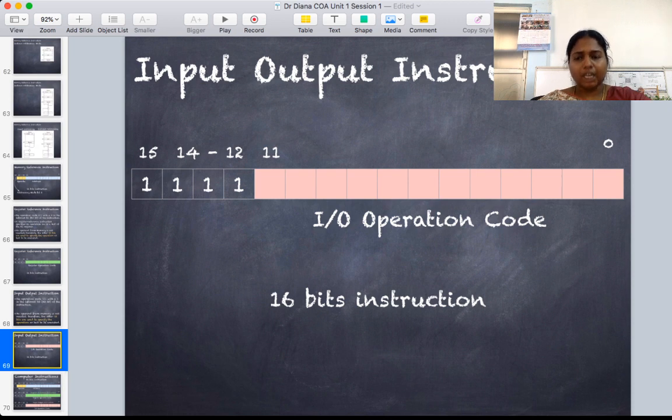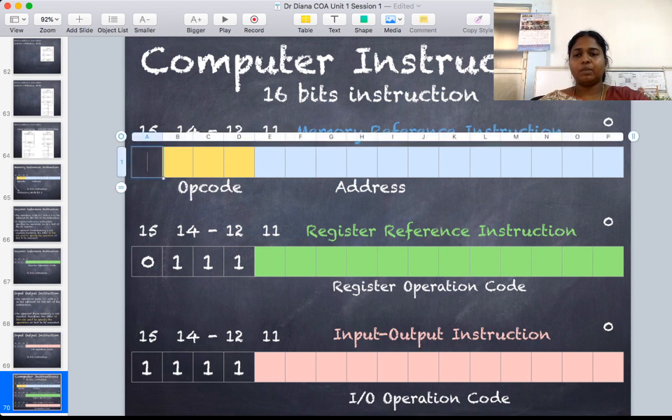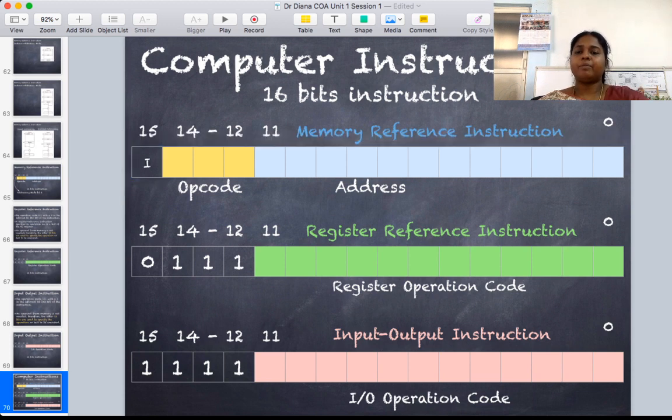So we have seen three different types of instructions. First is the memory reference instruction, the register reference instruction, and the input output instruction. These are the three types of instructions that we have seen today. In memory reference instruction, we have the first bit which is indicated as bit I, or the addressing mode bit, followed by 3 bits for opcode and 12 bits for addressing.